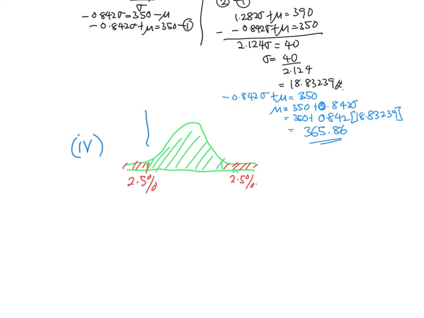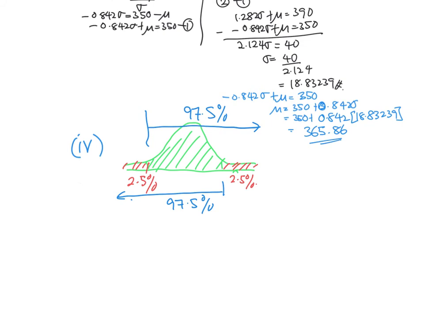Now, from this part all the way here, if this is 2.5, this region covers 97.5%, and this region over here will also cover 97.5%. Basically it's the same value.